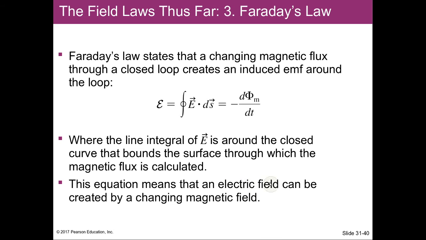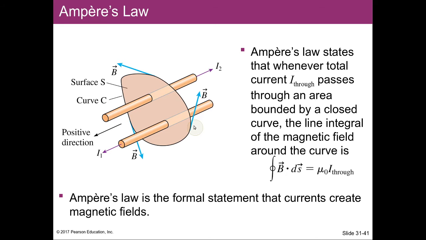So an electric field can be created by a changing magnetic field. That's what Faraday's law says. And there is something equivalent to it where we replace the E with B. That's Ampere's law, and we've used that extensively as well.